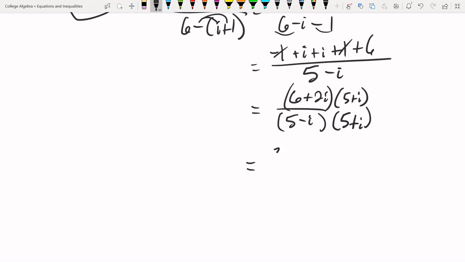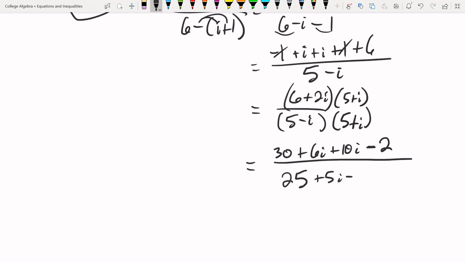Going at the top, 6 times 5, 6 times i, 2i times 5, and 2i times i is going to be positive 2i squared. i squared is negative 1, so we have negative 2. On bottom, 25 plus 5i minus 5i, and then negative i times positive i is negative i squared.